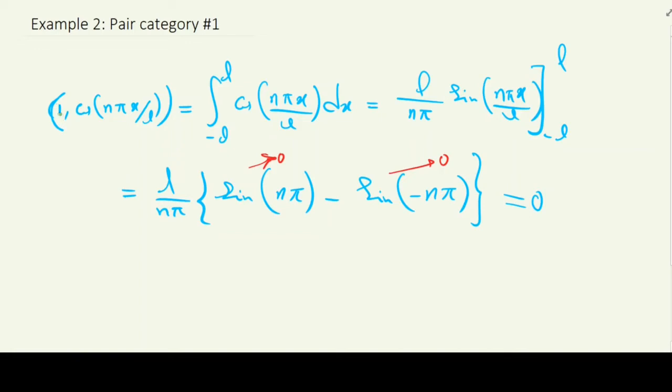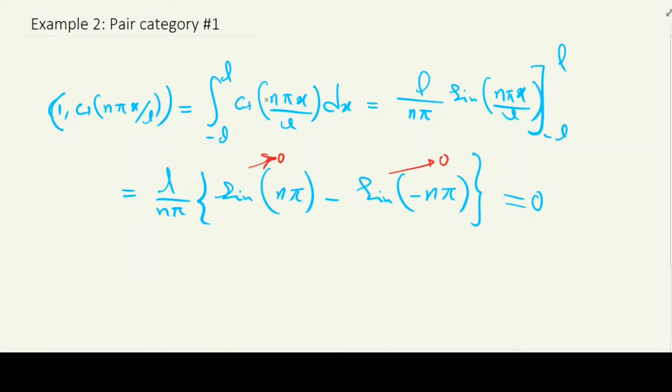So the inner product of 1 and cosine n pi x over L. This is what we want to calculate. By the definition, that's going to be the integral of the product of these two functions, which is going to be cosine n pi x over L, and these are the lower and upper bounds of this integral, defined by the interval that we are interested in, which is minus L to L for this specific problem.